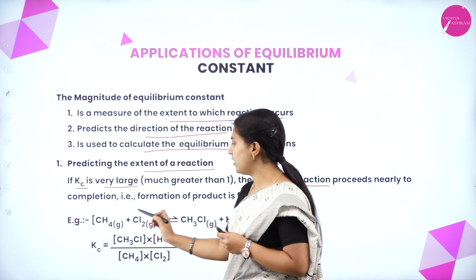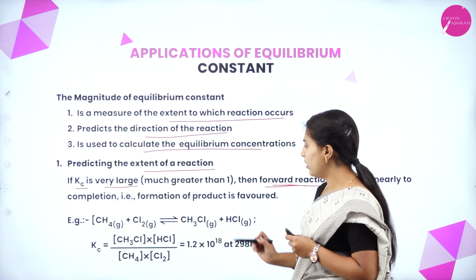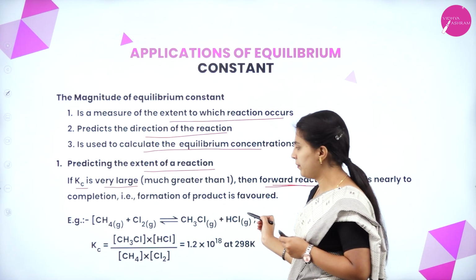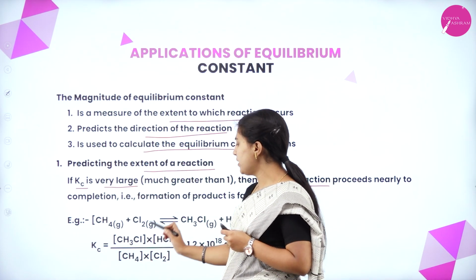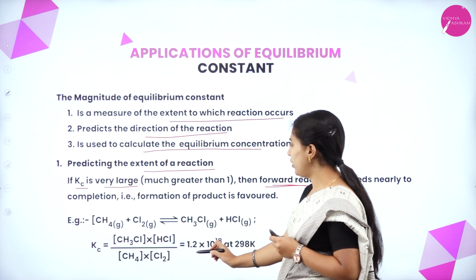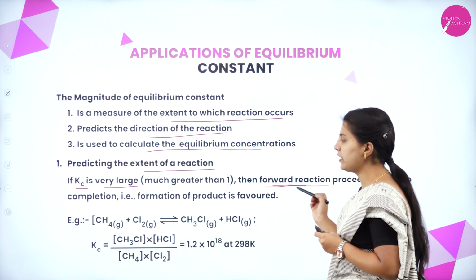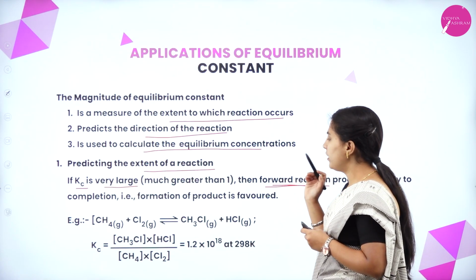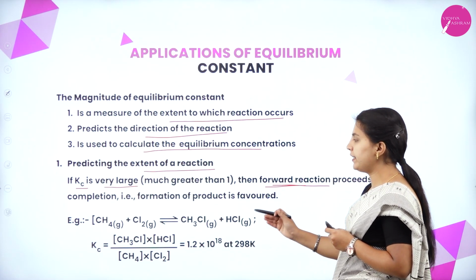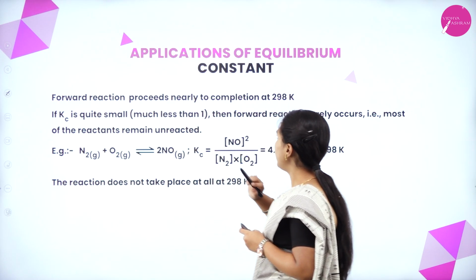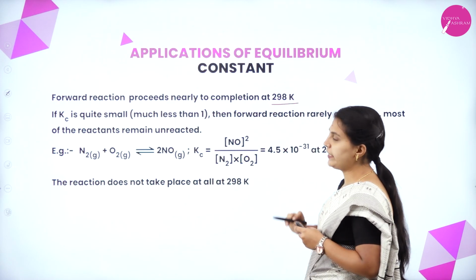See here, methane is treated with chlorine, and methyl chloride is formed along with hydrochloric acid. What you have to see is the product by reactants equals 1.2 times 10 to the power of 18 at 298 Kelvin. The forward reaction proceeds nearly to completion at 298 Kelvin.